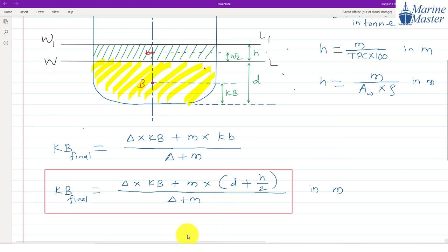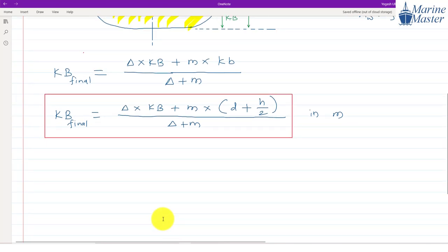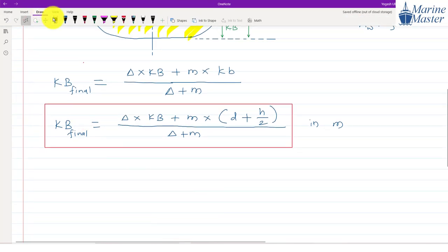Now guys, in this way we got KB final. Now next thing we need what? We need KG final. What is the next thing that we need, guys? We need KG final. And how to get a KG final? Same like KB final. KG final, initial delta, its KG.